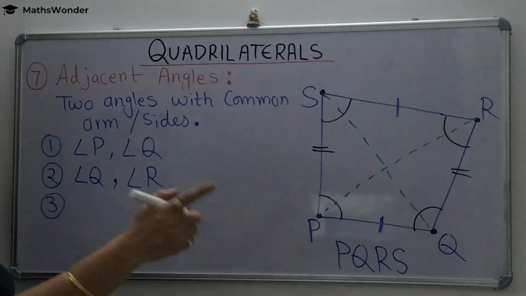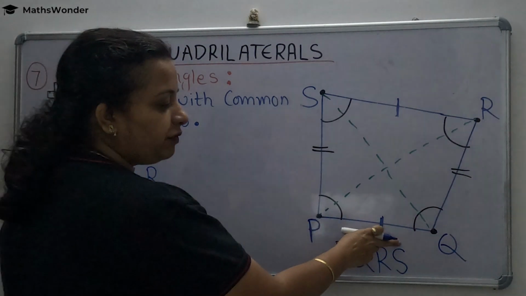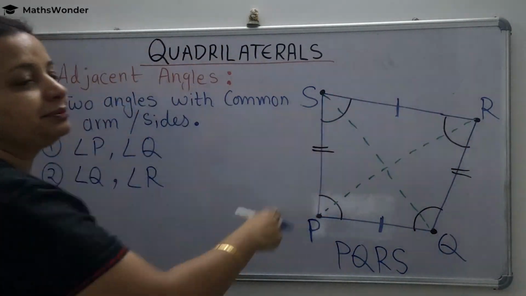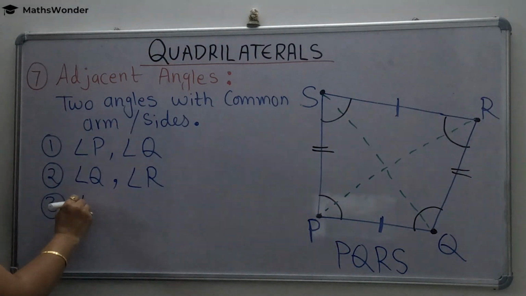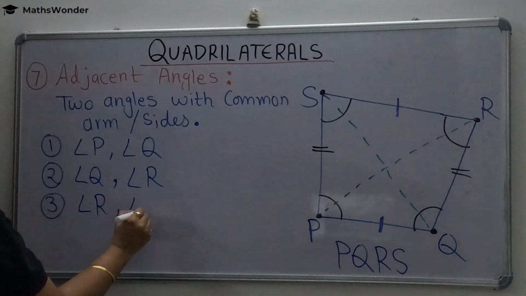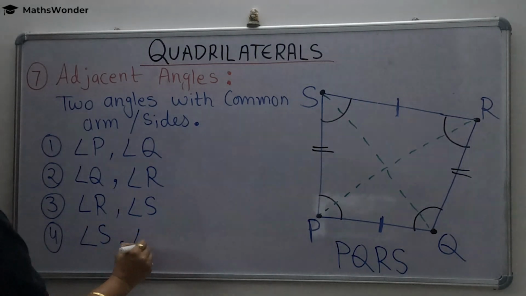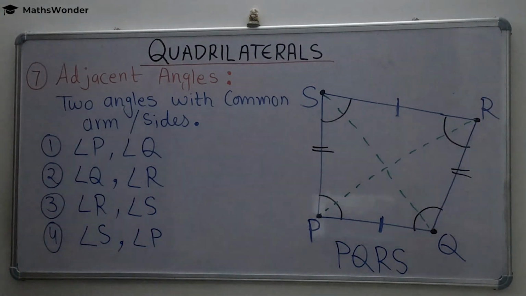See, always take it in the cyclic manner. So PQ we have covered, QR we have covered, then RS is the next one according to the cyclic order. Now the fourth one, tell me the fourth one. The fourth is going to be SP. Yes, absolutely correct.